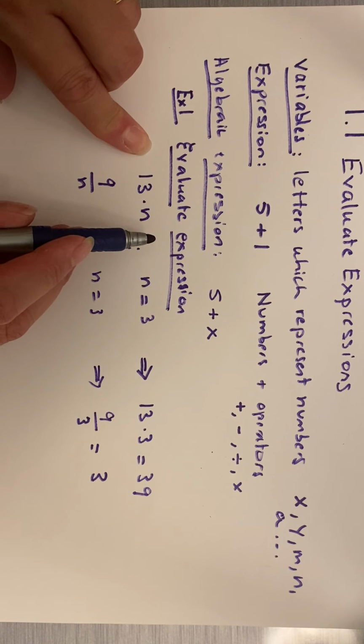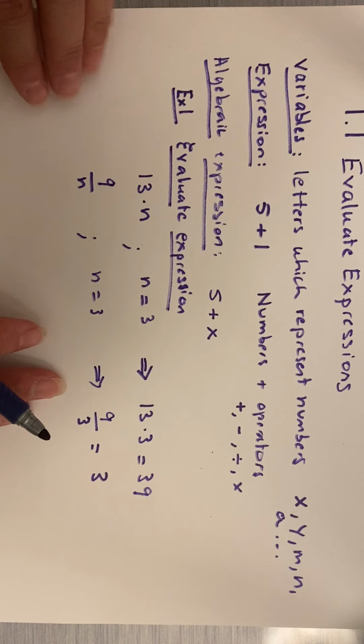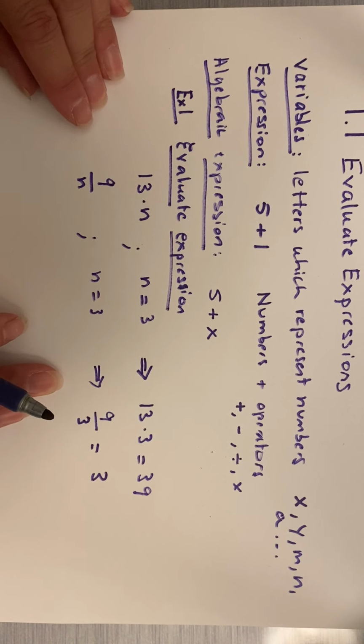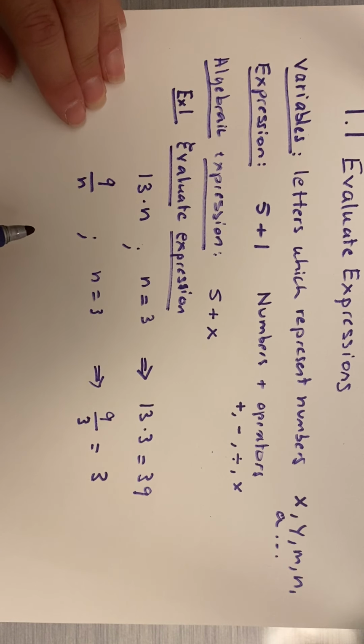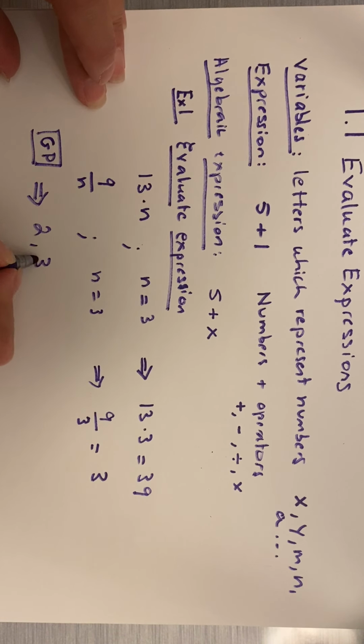The number is 3. So I'm going to sprinkle throughout these lessons little examples for you to do, and this will be your homework to hand in to my class. So right now I'm going to ask you to do guided practice, abbreviated GP, numbers 2 and 3 on page 2 of your textbook and hand those in.